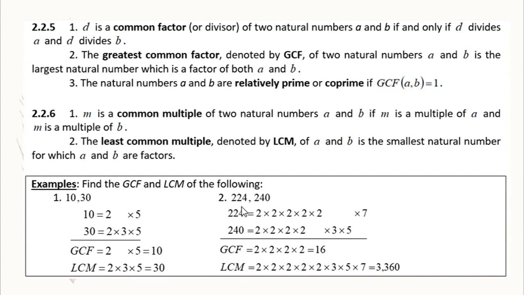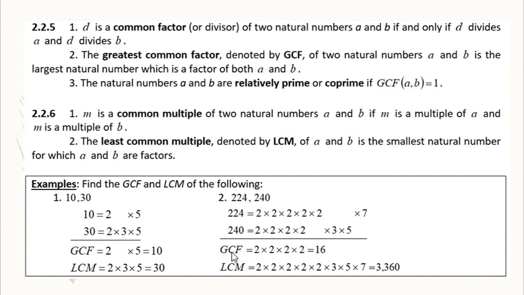Next example, we have 224 and 240. Ang atong 224, atong i-prime factorization. So, we have 2 times 2 times 2 times 2 times 2 times 7. So, mao ni siya ang prime factorization sa atong 224. Then, 240 pod, ang iyang prime factorization kay 2 times 2 times 2 times 2 times 3 times 5.